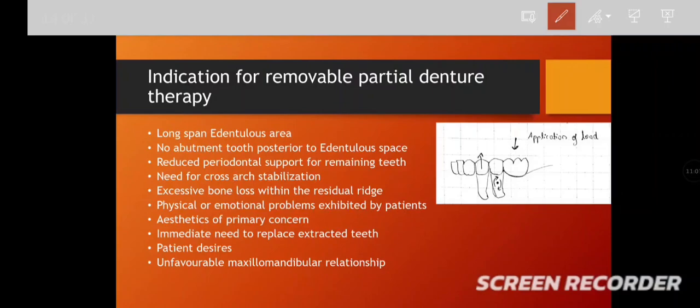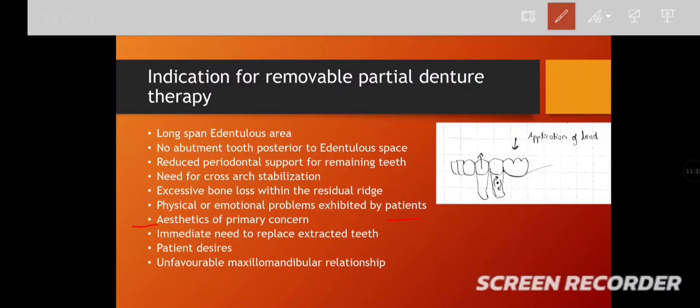Then when there is a need for cross arch stabilization, that is you are replacing on one side and you need support from the opposite side, then you can use a removable partial denture. When there is excessive bone loss within the residual ridge, or physical or emotional problems exhibited by the patient. Next, aesthetics of primary concern.